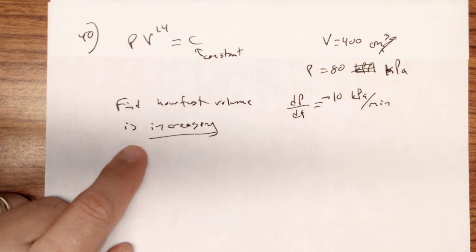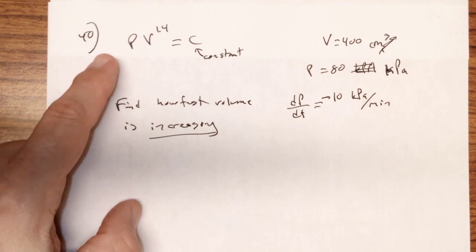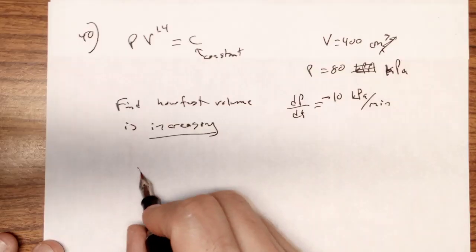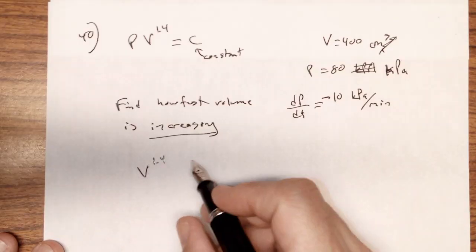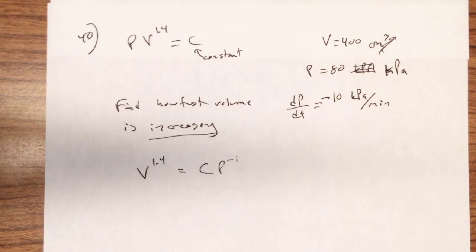But I want volume versus pressure. That's not what this equation is. So let's rewrite it. I'm going to write volume to the 1.4 equals C p to the negative 1. C is a constant. So that's okay.